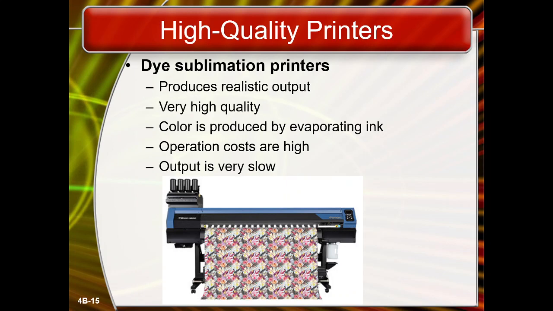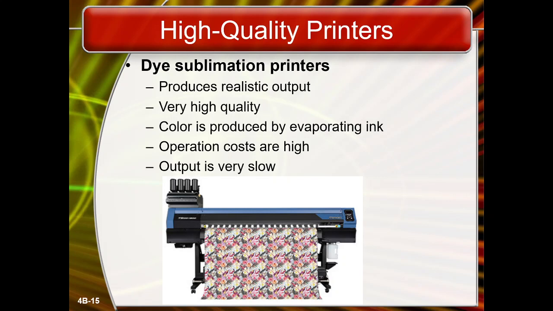Dye sublimation printers produce realistic output. For example, cloth printing is done on this kind of dye sublimation printer. They print very high quality. Color is produced by evaporating ink.